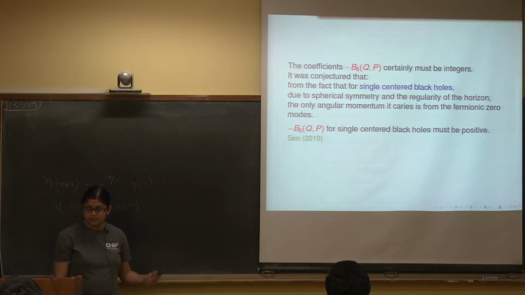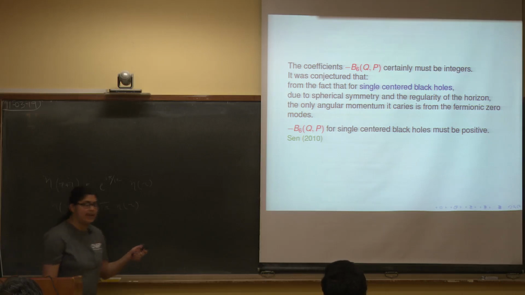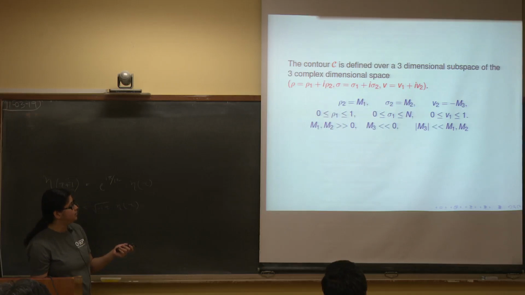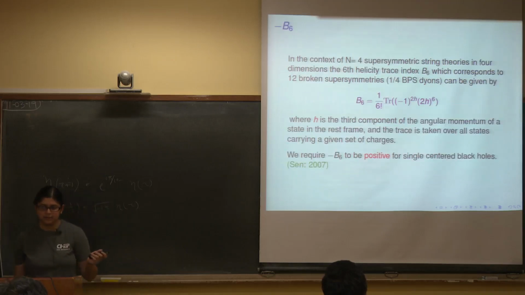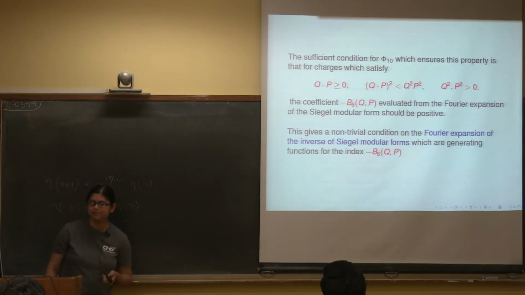But we also need to check that this minus B6 is actually positive, and that is very complicated because there is a minus 1 to the power q dot p dependence here. So that also we checked for non-trivial objects, and we did find some violations, we did find some matching, most of them were matching though.